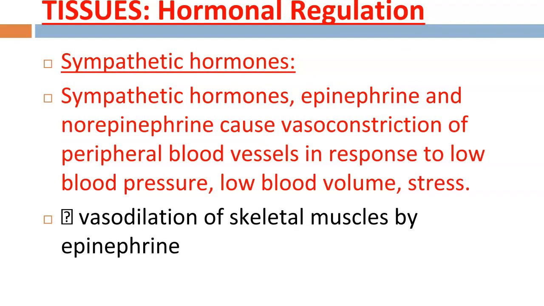Similar to sympathetic stimulation, sympathetic hormones are going to have exactly the same effect, except that in this case, the effects will last longer. Sympathetic hormones, epinephrine and norepinephrine, cause vasoconstriction of peripheral blood vessels in response to low blood pressure, low blood volume, stress. Stress can be something like exercise. So it's the same effect as the sympathetic nervous system.